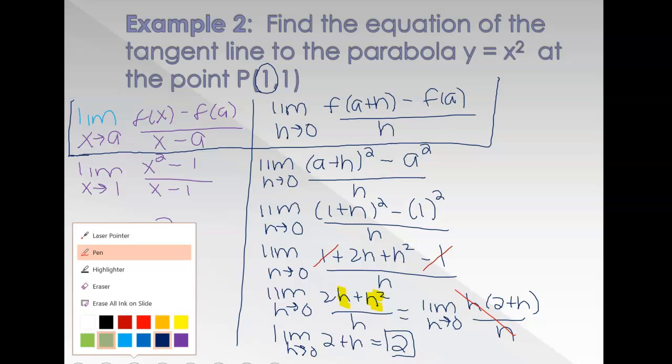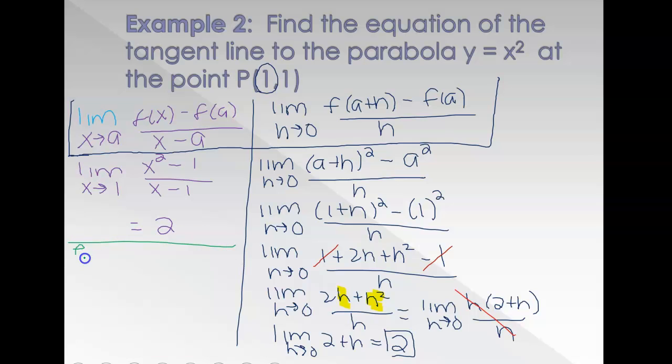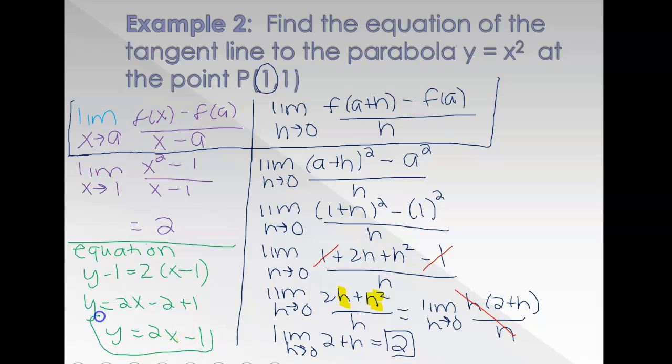The equation of the tangent line is y minus y1 equals slope times x minus x1. So the equation of the tangent line is y minus 1 equals 2 times x minus 1. Again, you can leave it in point slope form, or you can simplify and get it into slope intercept form. Both are correct.